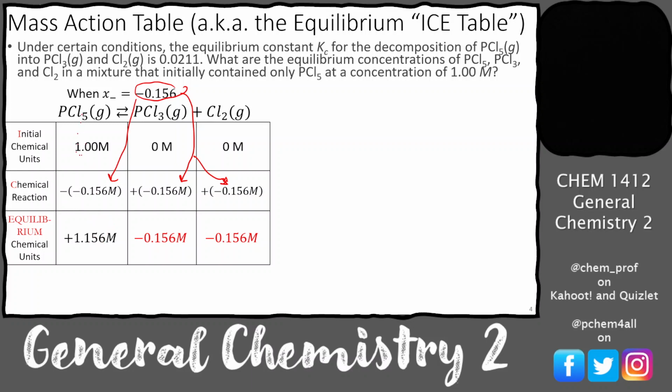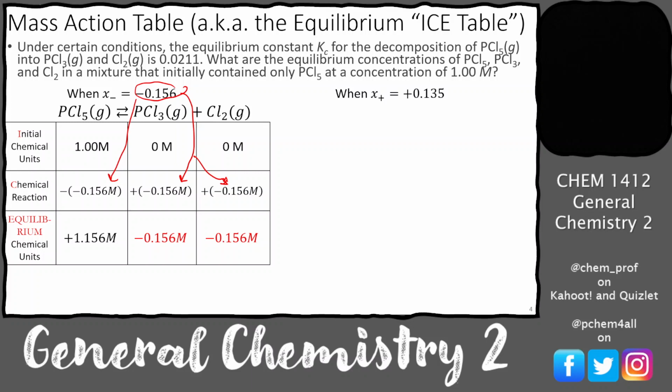My PCl5, I started with 1 mole per liter, and now I have 1.56 moles per liter. It came out of an impossibility. These got negative. Where did that come from? If I've got nothing, I can't get anything else. So it is absurd. It doesn't make sense to have equilibrium go backwards when it really should be going forwards.